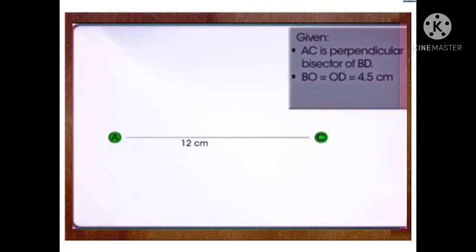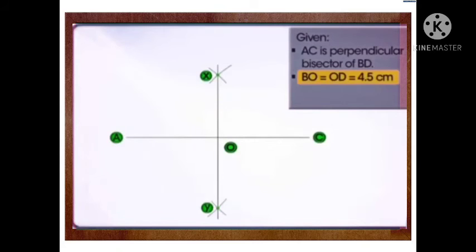Here we construct a perpendicular bisector to the segment AC by taking more than half the distance. Construct arcs from both the endpoints intersecting each other and draw a line. Take the radius OB and OD 4.5 cm and cut the arcs.